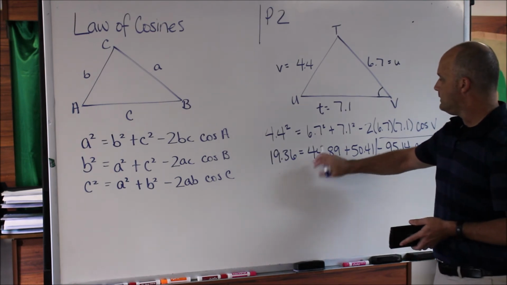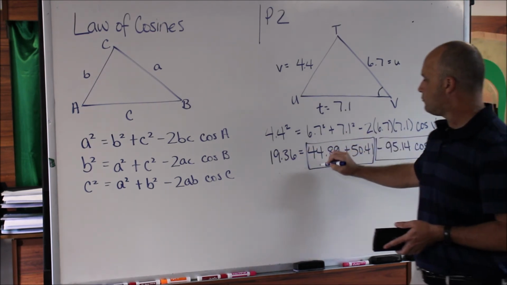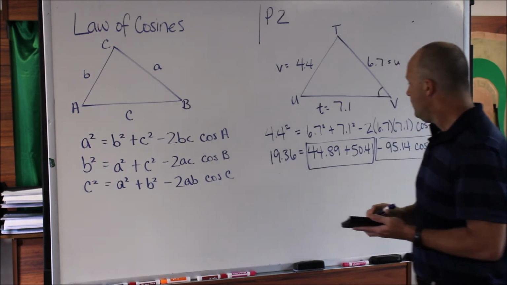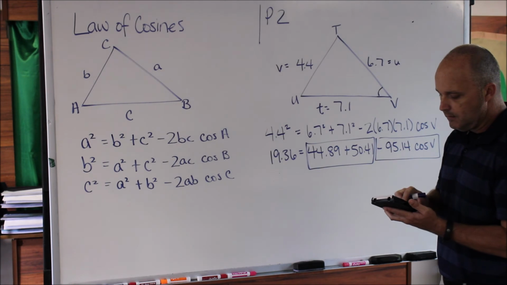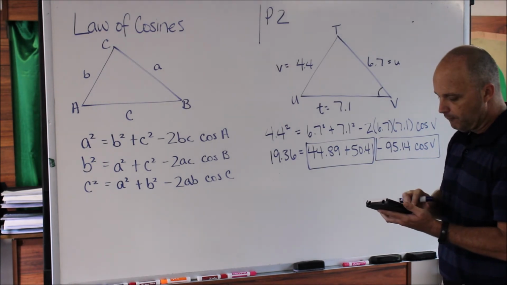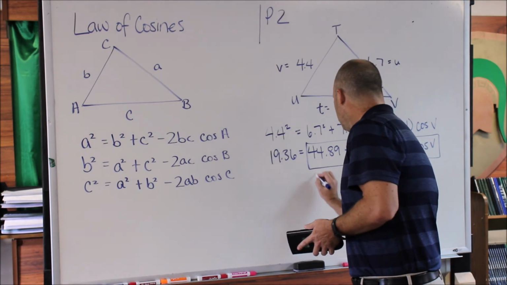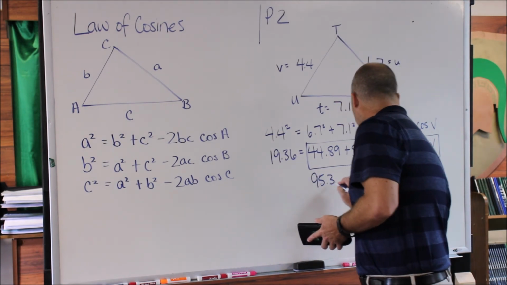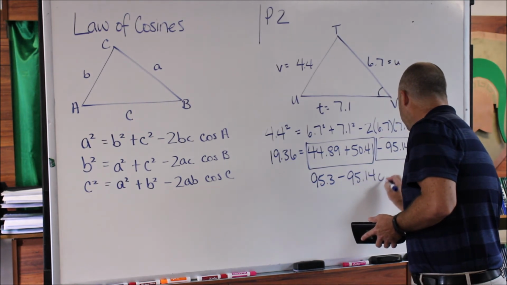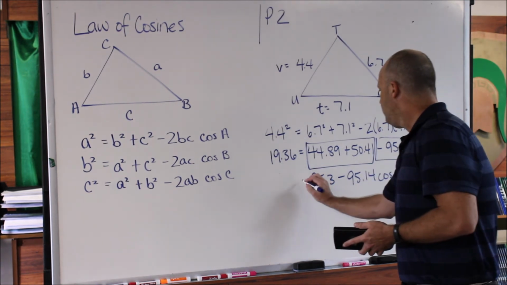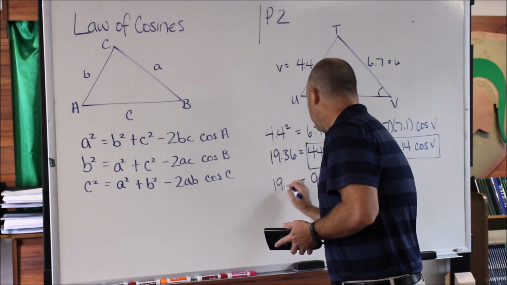But what we can do is take the sum of this, and then subtract that over to the other side. If we've got 44.89 plus 50.41, we end up with 95.3. So 95.3 minus 95.14 cosine of V is equal to 19.36.